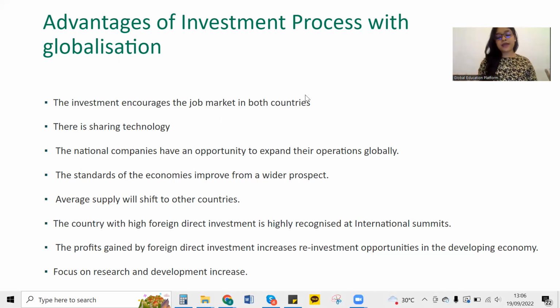It will eventually improve the living standards of the people, the infrastructural development, an economic boom. So the developing nations expand. Okay, so this is the flow when you talk about the advantages of the investment process, foreign direct investments, globalization. And then finally, the focus on research and development increases because there is expansion because of the growth taking place. There are more research and development elements that the businesses can focus on and expand. Okay, so these are the advantages of the investment process with globalization.